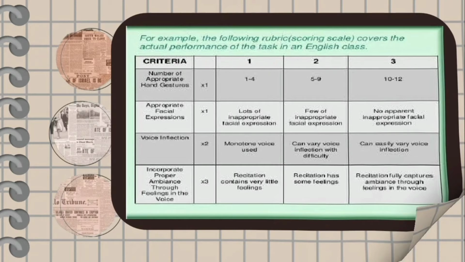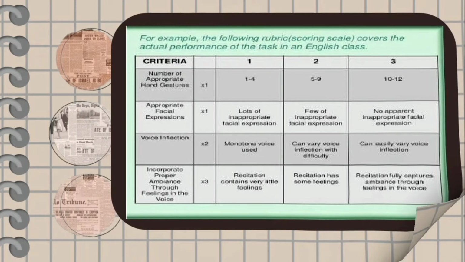So for the third criteria, which is the voice inflection, ang score or ang points ani is times 2. 1 if the monotone voice used. 2 if can vary voice inflection with difficulty. 3 if it can easily vary voice inflection.